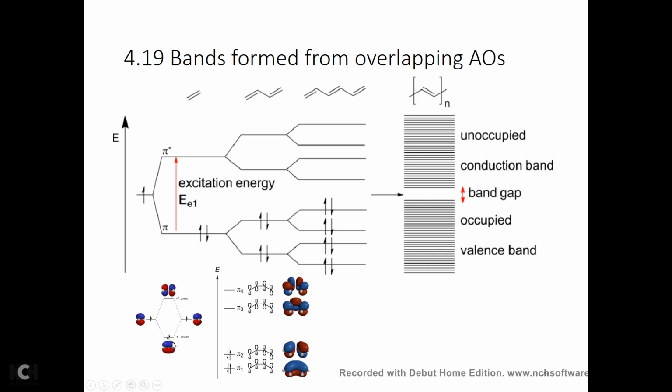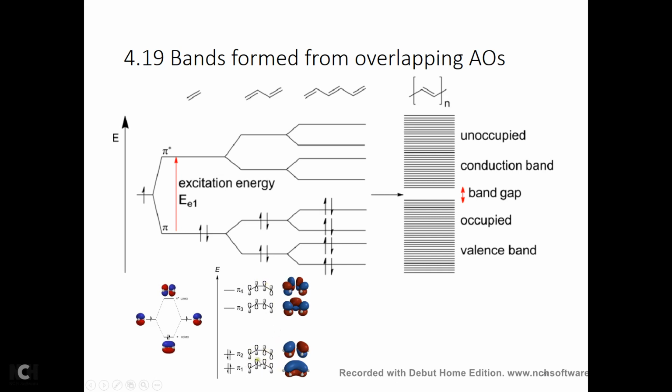Highest occupied, lowest unoccupied. What if we have two double bonds in a conjugated network? This is 1,3-butadiene. And then we have 1, 2, 3, 4 p orbitals. They can form 4 pi-type molecular orbitals.